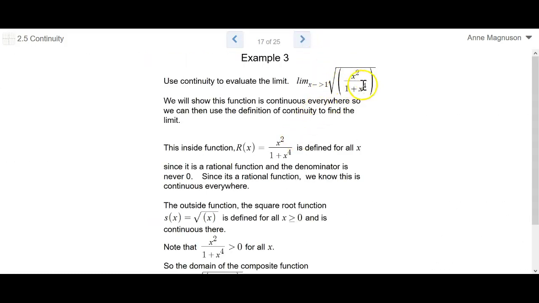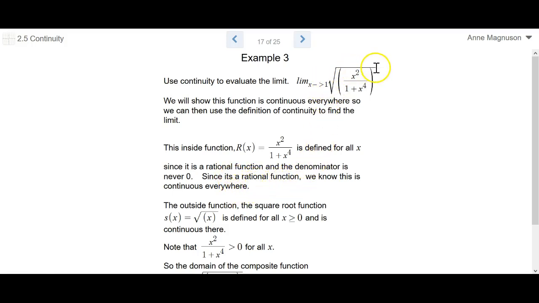So let's look at the inside function of this composition. This is a rational function, and it's defined for all x, since x to the fourth is always positive. It's never going to be negative 1, so that we're never going to have a 0 in our denominator. And so we know it's continuous everywhere.